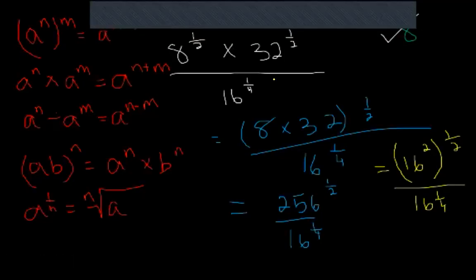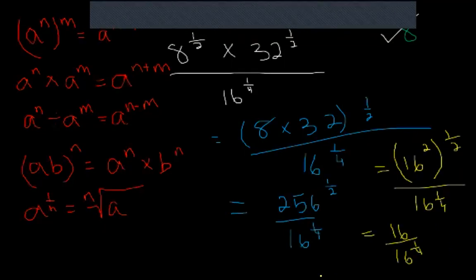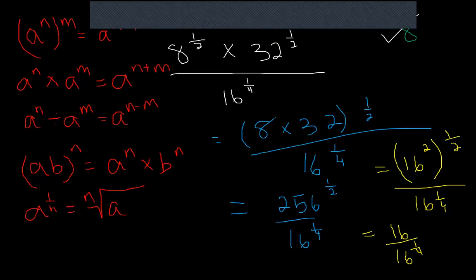I applied this rule here. So 2 times a half would just give me back the 16, divided by 16 to the power of a quarter. And that's the same step from just now. It will give me 16 to the power of 3/4, which is 8.